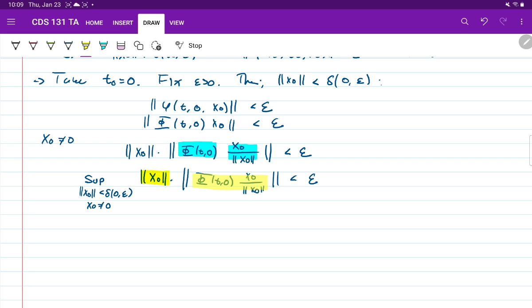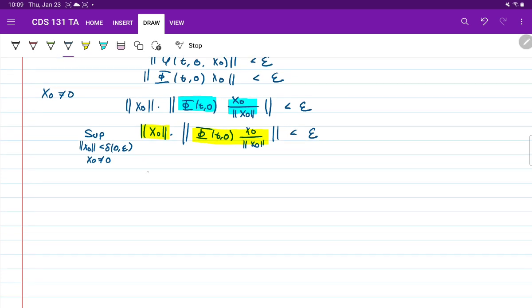And then the second term, if we want to maximize the product of a matrix and a unit vector, that's the definition of the operator norm. So what we end up with is delta of 0 comma epsilon times the norm of phi of t comma 0.